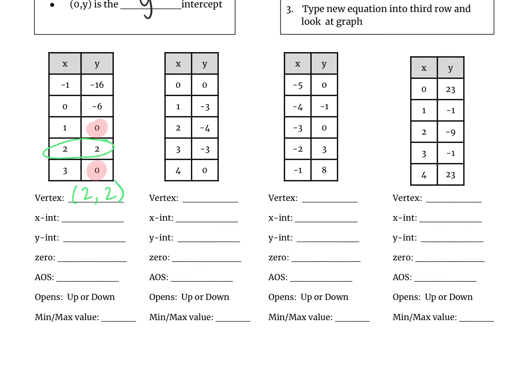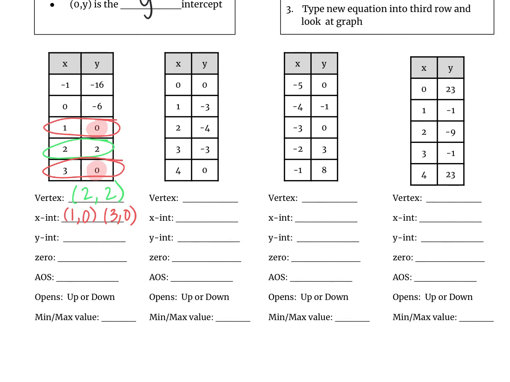And then your x-intercept, if you have an x value and then a y value is 0, that would be your x-intercept. For example, we have 1, 0, and then another one with y as a 0, 3, 0. So these two are both x-intercepts. 1, 0, and 3, 0. All right, your y-intercept, that is when your x value is 0.